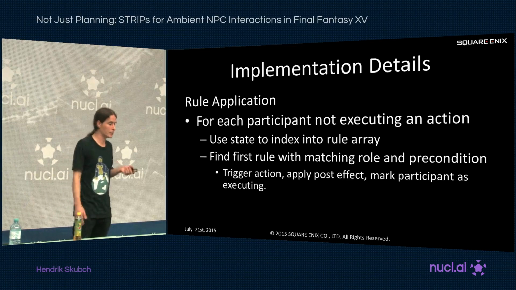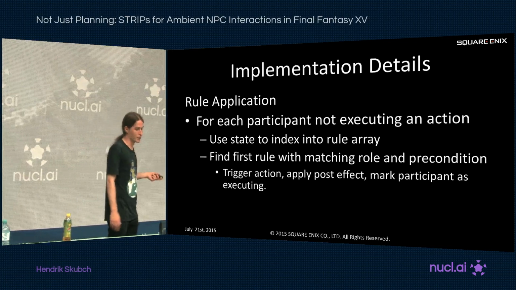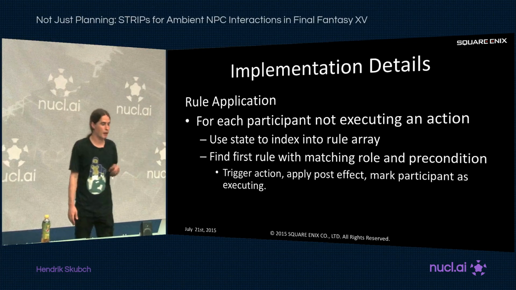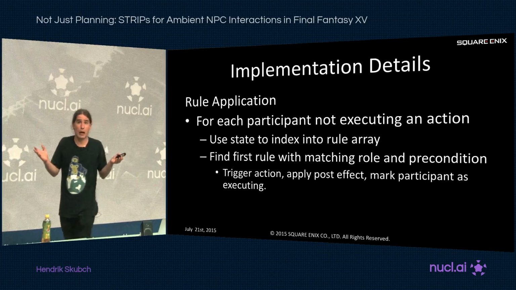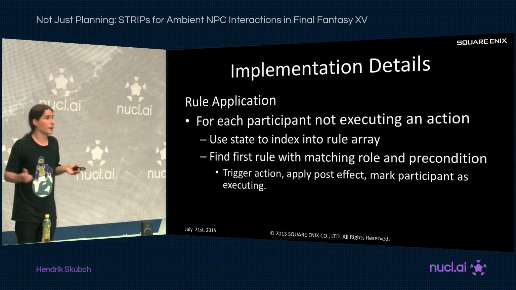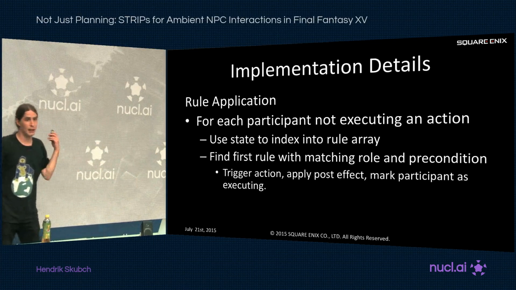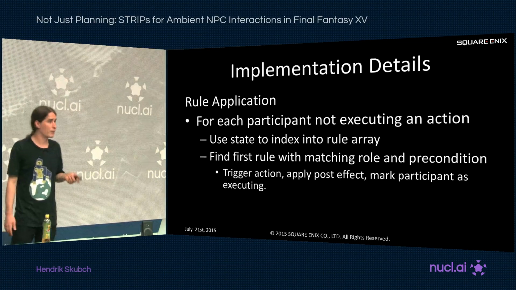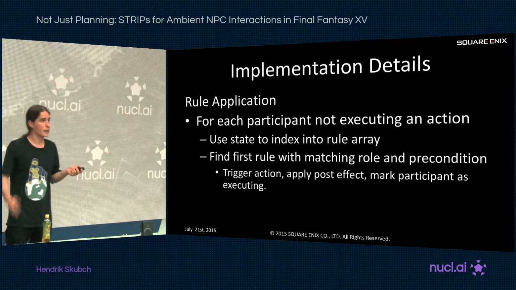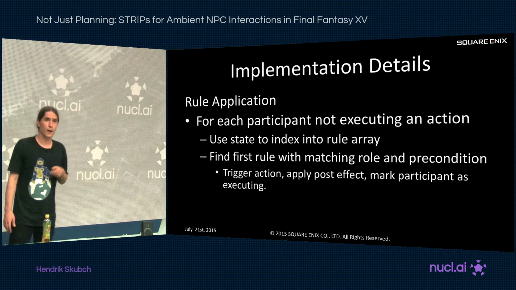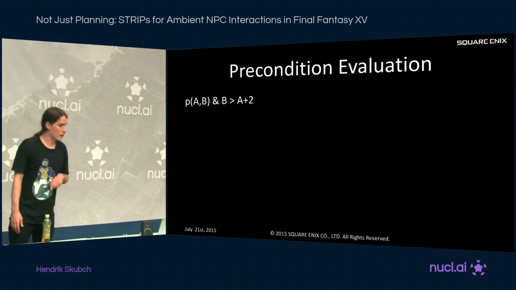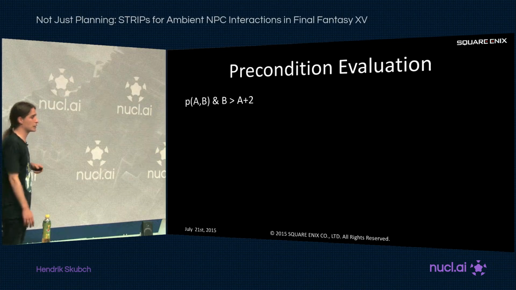The first one we find, we trigger the action, apply the post effect, and mark the participant as executing. So really very, very straightforward. The only thing that is a little bit more complicated is the evaluation of the precondition, because that's a backtracking search. So let me show you a little example.